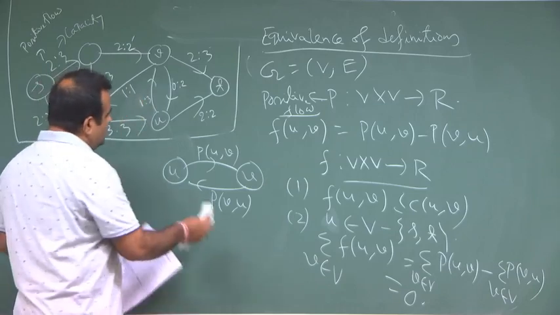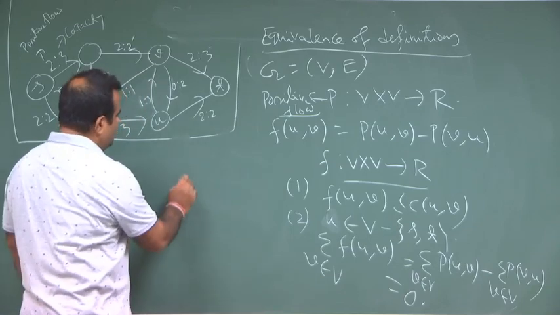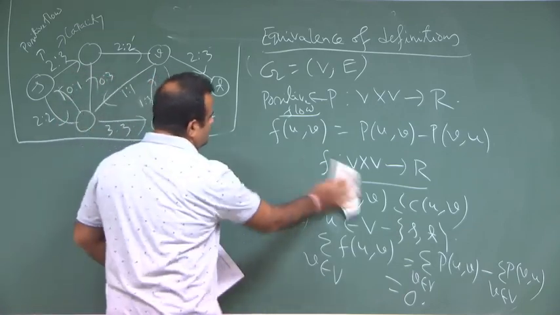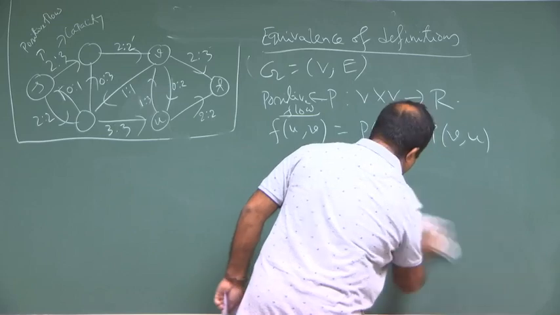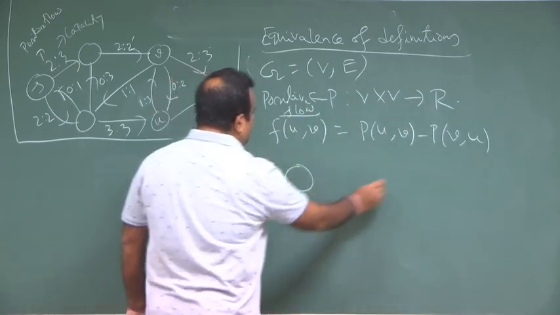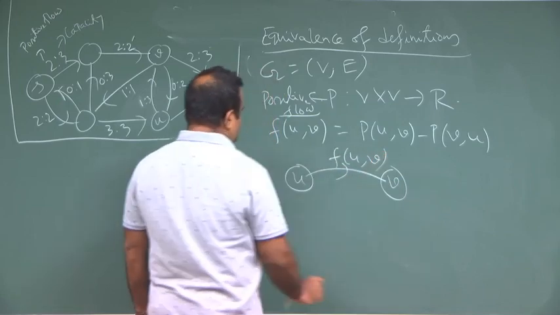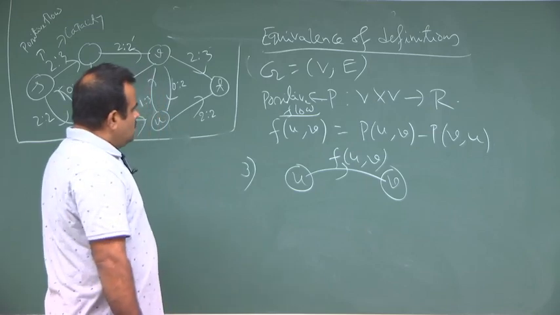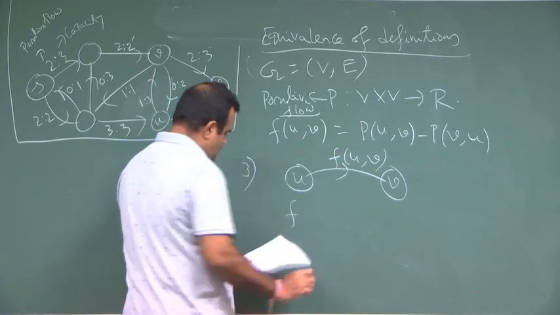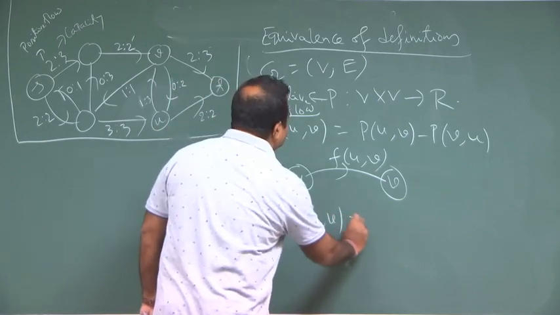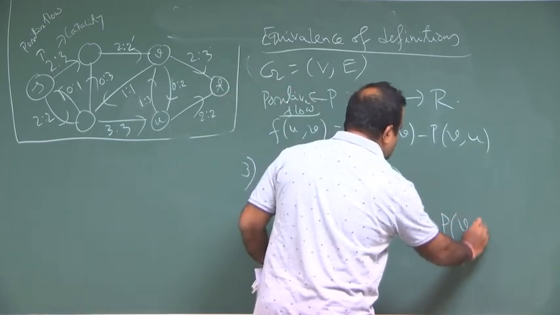Now, we want to see the skew symmetric property. The flow value from u to v is basically the negative of the flow from v to u. So, we have u and we have v. This is the third property. What is the flow value from u to v? f of u v is defined as p of u v minus p of v u.